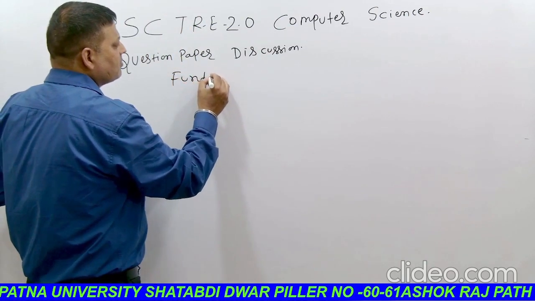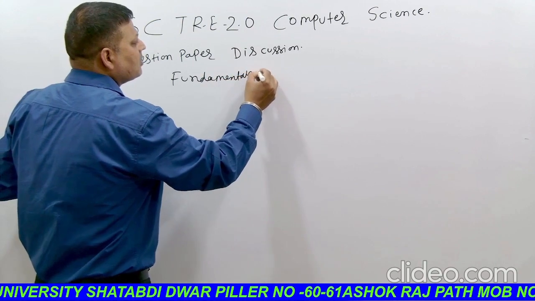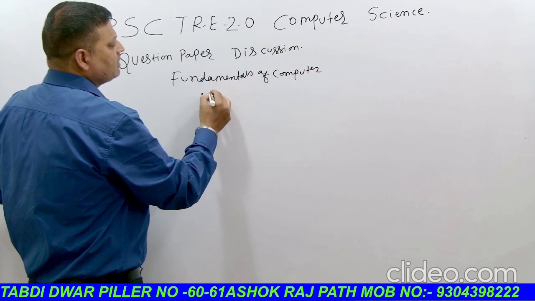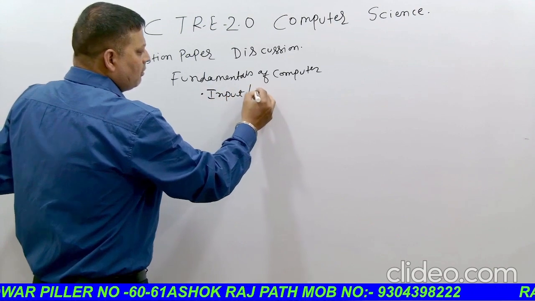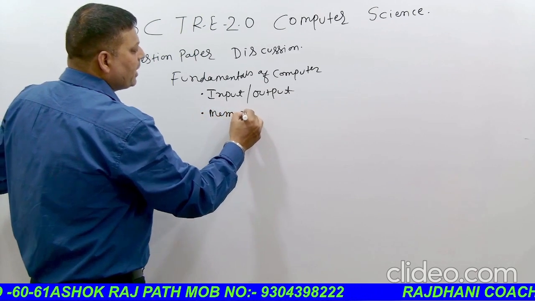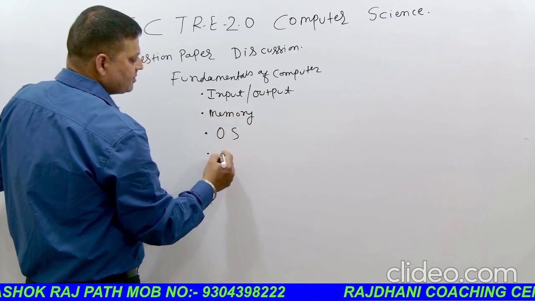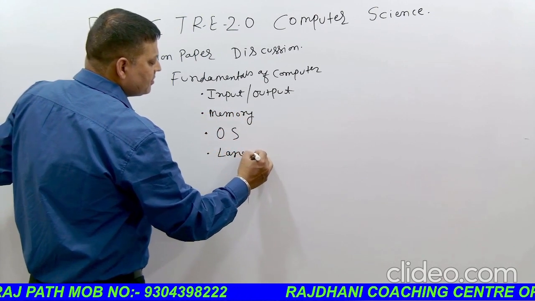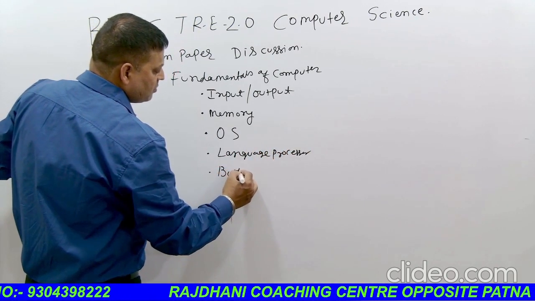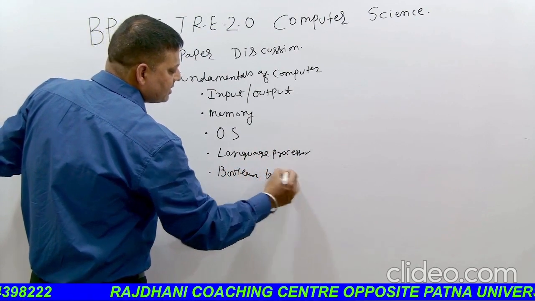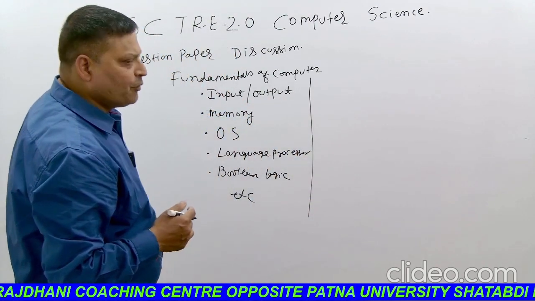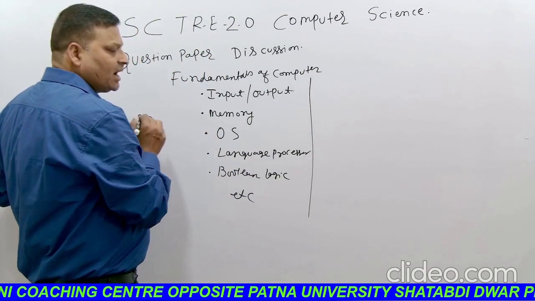fundamentals of computer, in which we have input, output, memory, OS, language processor, Boolean logic, etc. This is the part of fundamentals of computer, and today we are going to discuss 20 questions out of 80.